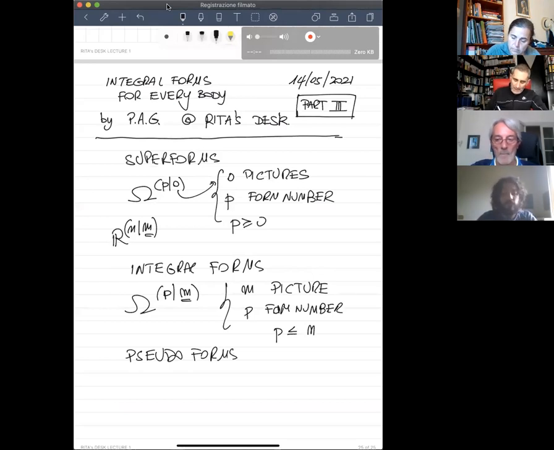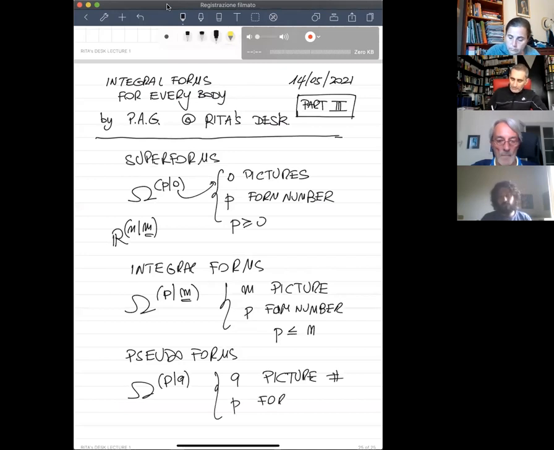In this case, I denote by p/q, where q is the picture number and p is the form number. And in this case, the form number p could be any integer from -infinity to +infinity. I can add powers of d theta, I can take derivatives with respect to d theta, and therefore I have no upper bound, no lower bound in this particular space.